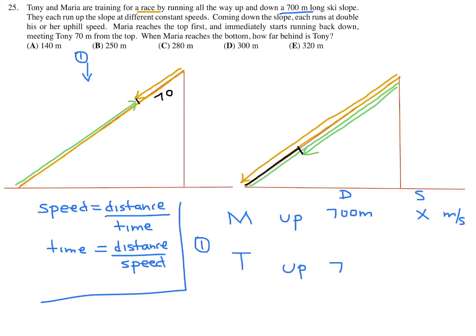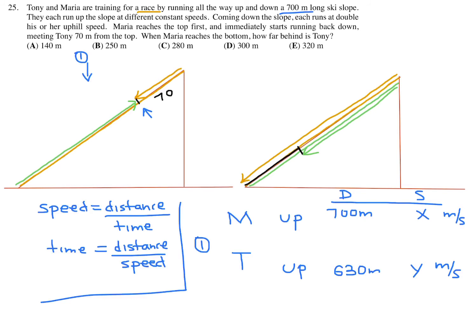But he meets Maria at this point right there, which is 70 meters from the top. So he actually doesn't travel a full 700 meters. He travels 700 minus 70, 630 meters. Correct? And we'll make his speed y meters per second. Okay?